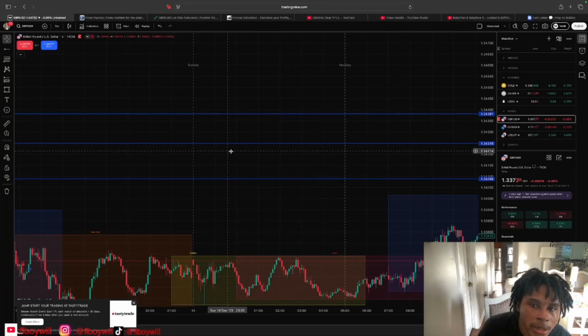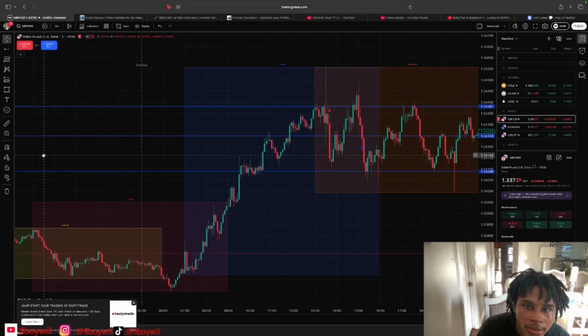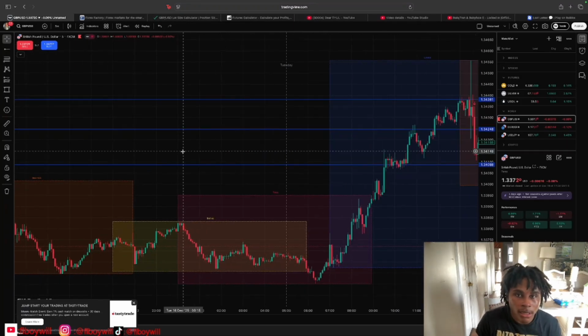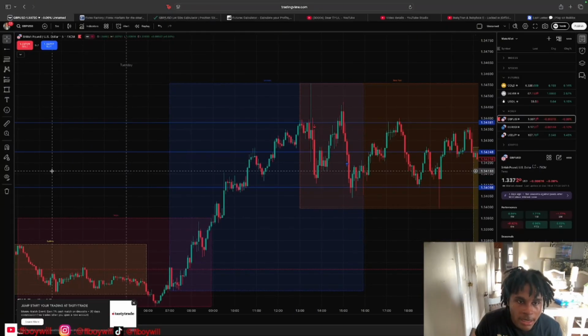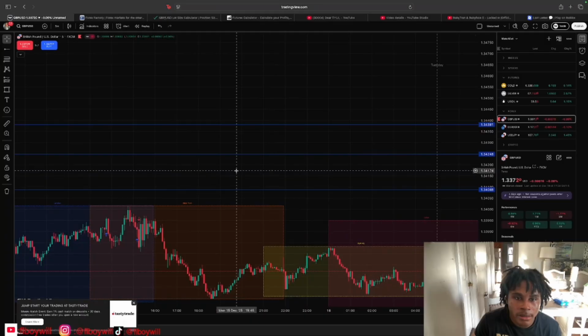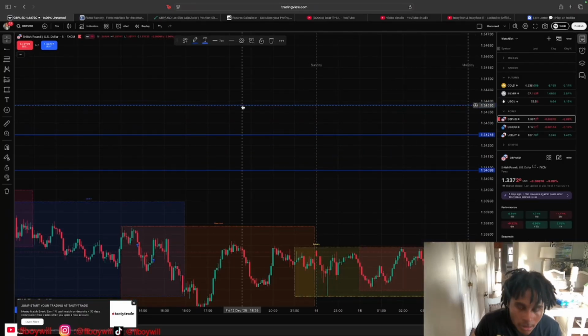All three of those lines got hit. As you can see, everything that goes down has to come back up. It took a couple days, yes, but all of it always has to get hit. Some even closed open. All of them actually closed open.